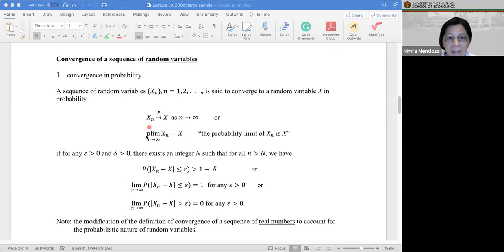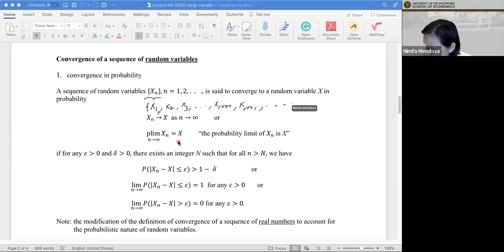Later on in econometrics, you would be working with this p-lim, the probability limit. So this sequence of random variables means x sub 1, x sub 2, x sub 3, and so on to x sub 1000, x sub 1001, and so on, to infinity.